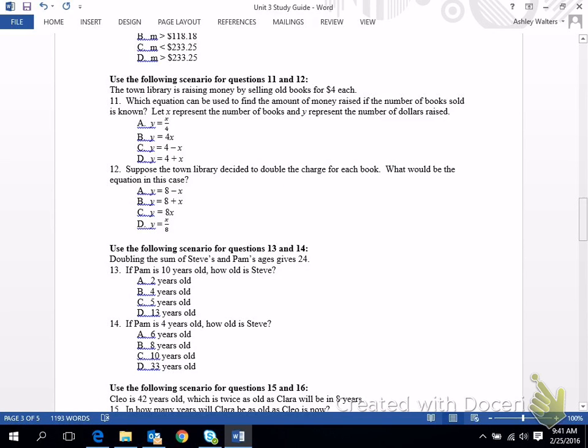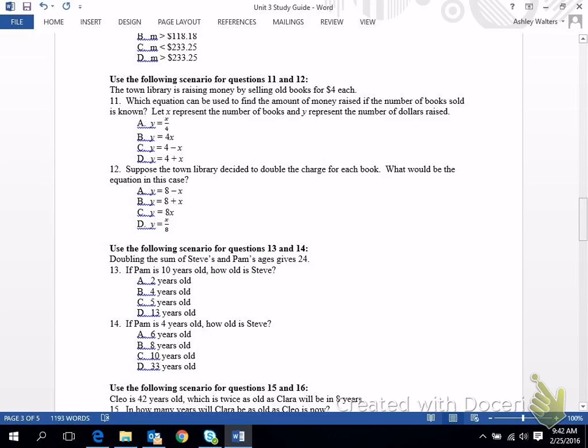Use the following scenario for questions 11 and 12. It says the town library is raising money by selling old books for $4 each. Which equation can be used to find the amount of money raised if the number of books sold is known? Let X represent the number of books and Y represent the number of dollars raised.